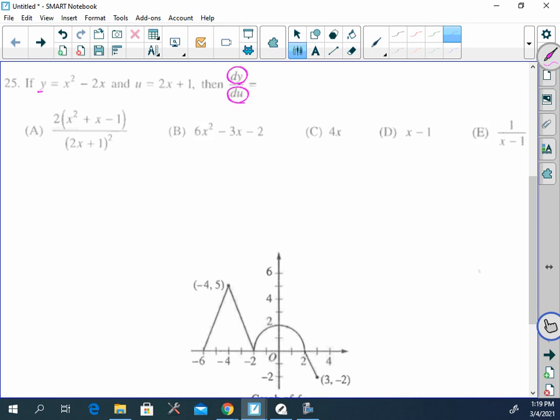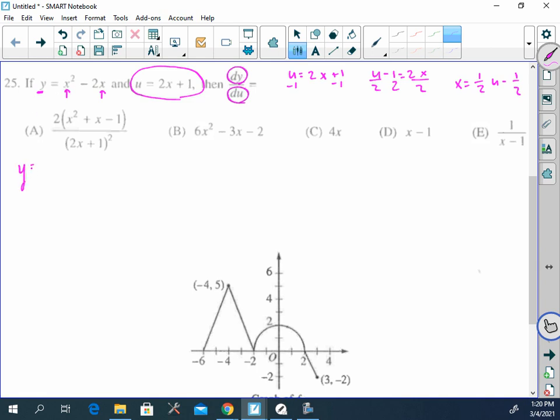Right now I've got x's, so I solve for x by itself. I've got u minus 1 equals 2x, divide everything by 2, and I've got x equals a half u minus a half.